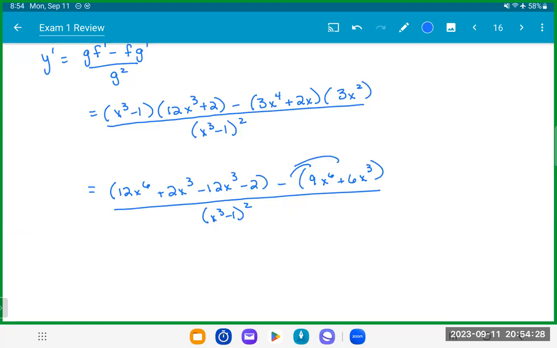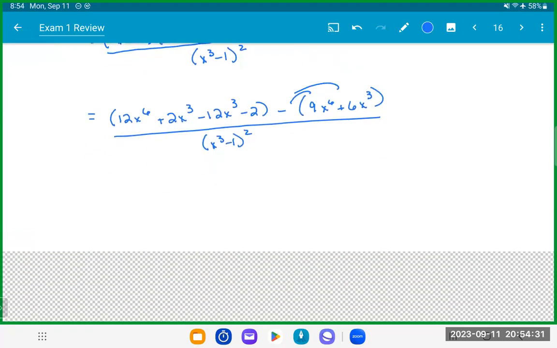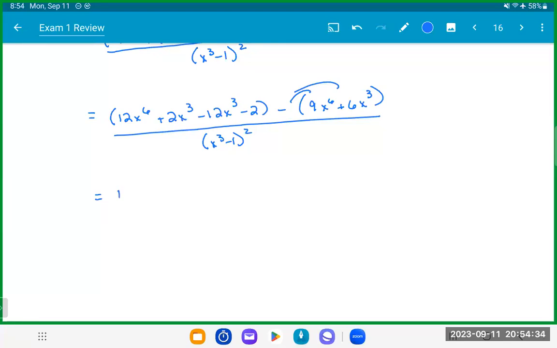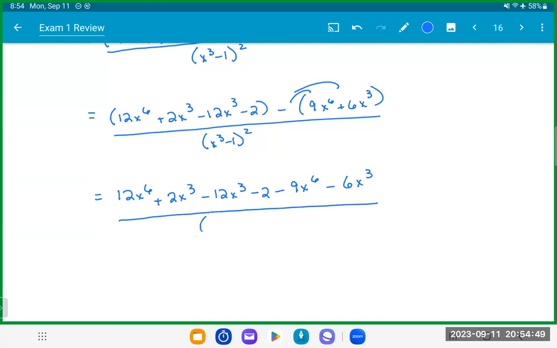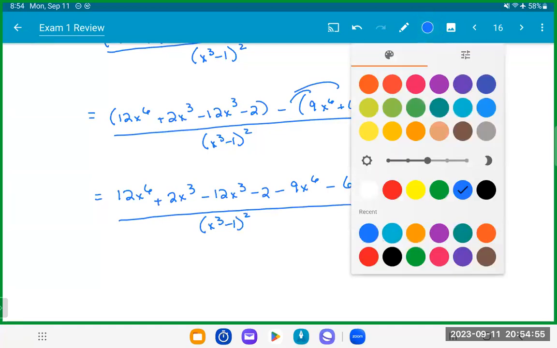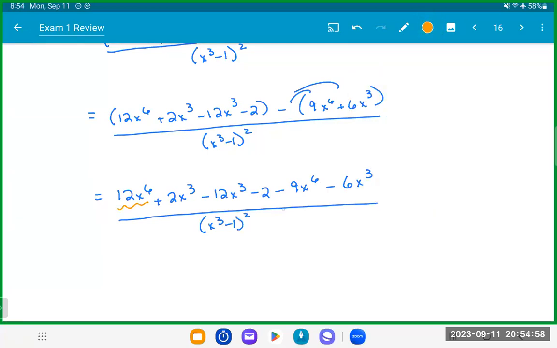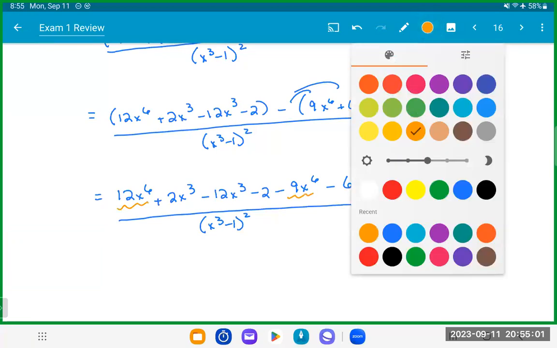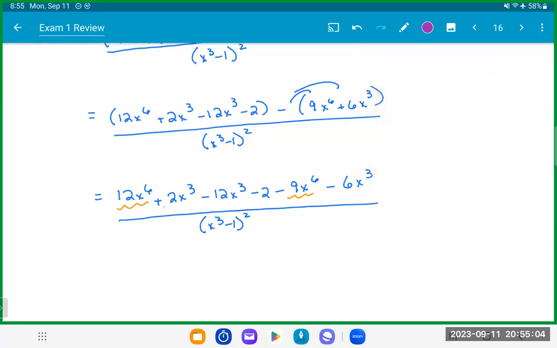So we want to distribute this negative 1 to both of those terms. That's giving me 12x to the 6th plus 2x cubed minus 12x cubed minus 2 minus 9x to the 6th minus 6x cubed, all over x cubed minus 1 squared. Like we did in the previous problem, we have x to the 6th, x to the 6th, x cubed, x cubed, x cubed, and a constant.